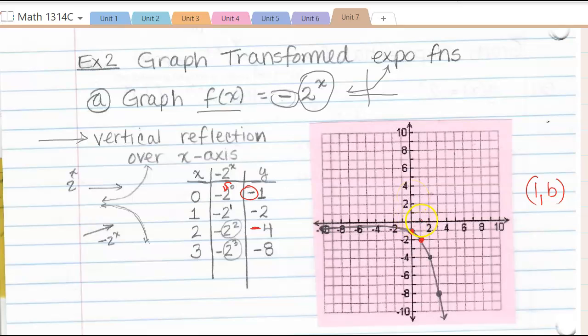So I'm going to go from here 1, 2, and then down 1, 2, 3, 4. We can see those points here. Because we know what it's going to look like, we can see how this is going to continuously go down this way, and get towards our horizontal asymptote. The horizontal asymptote did not change because we didn't have any movement of my graph going up or down.